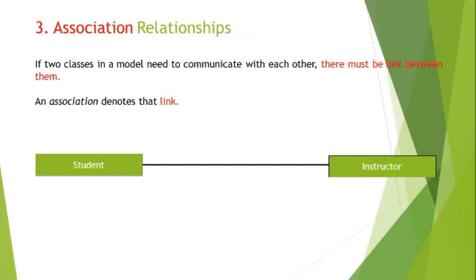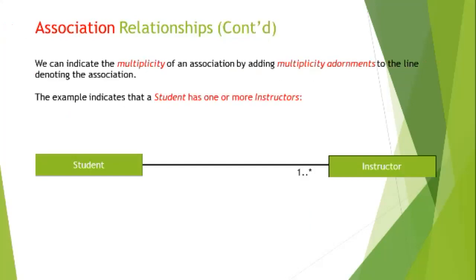The third one is the association relationship. If two classes in a model need to communicate with each other, there must be a link between them, and an association denotes that link: student, instructor. We can indicate the multiplicity of an association by adding multiplicity adornments to the line denoting the association.